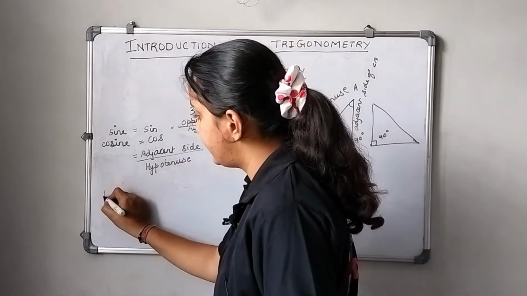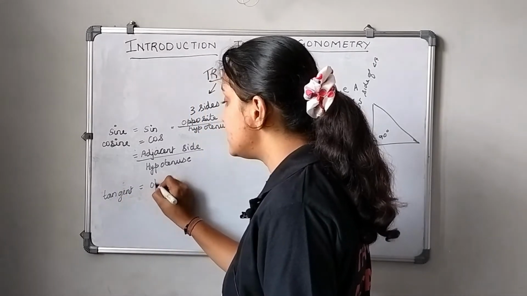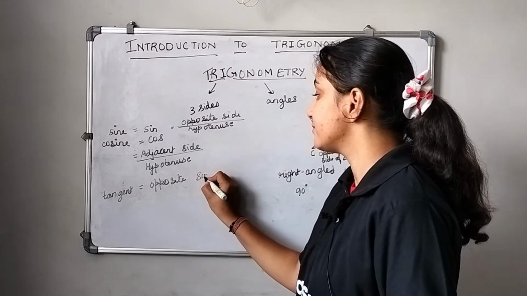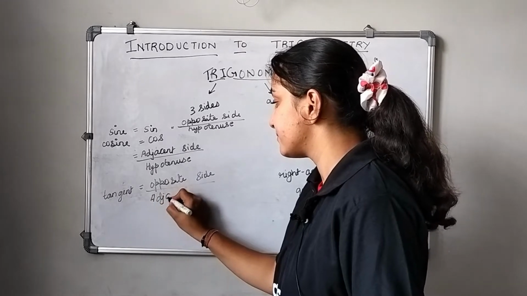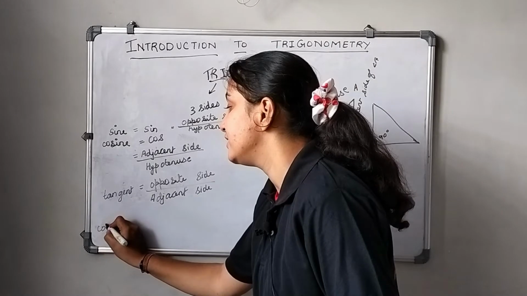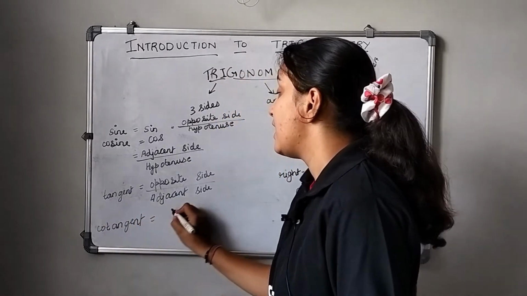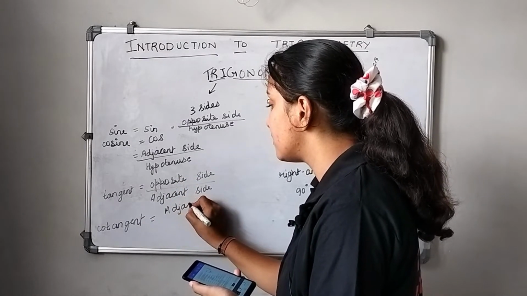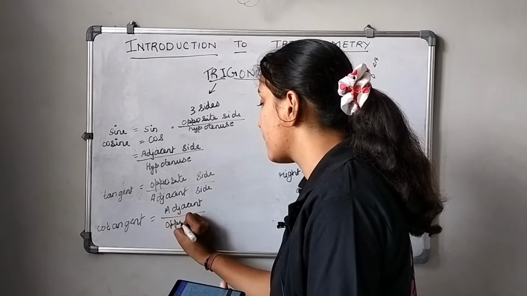Then tangent is opposite side upon adjacent side. Cotangent is the opposite of this, that is adjacent upon opposite.